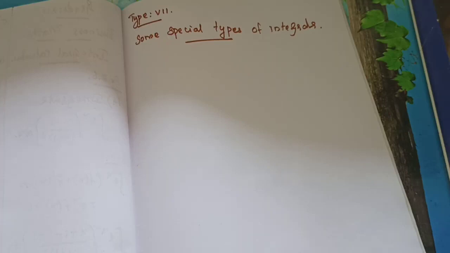So when will you use this? First we need to learn when to use this formula. For type number 7, when you see the question, you can't simply identify which type it is. So how will we find out?